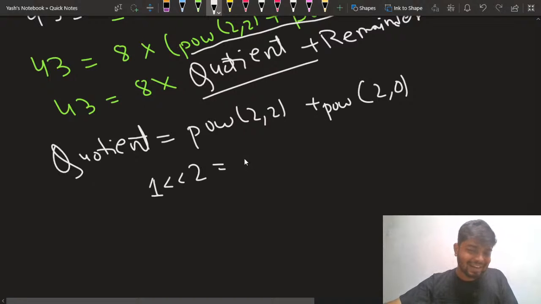Can someone tell me in the chat? Shruti, can you tell me? Or Ron, or anyone else? I hope that you all know the bitwise operators. No one is able to answer.